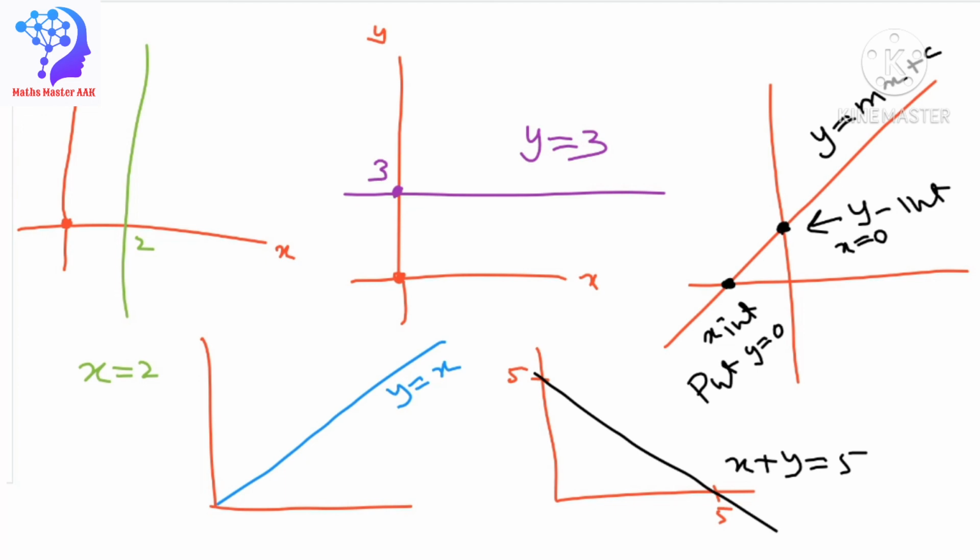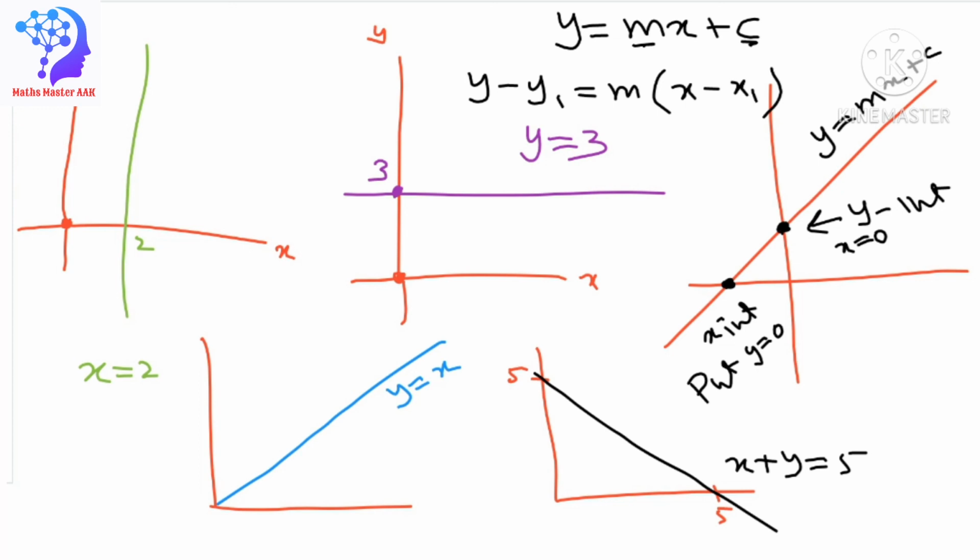You are familiar with the equation y is equal to mx plus c, right? This is called slope-intercept form, because there you have a slope or gradient m and y-intercept c. There is another equation which is the most useful equation in your A level syllabus, that is y minus y1 is equal to m bracket x minus x1.